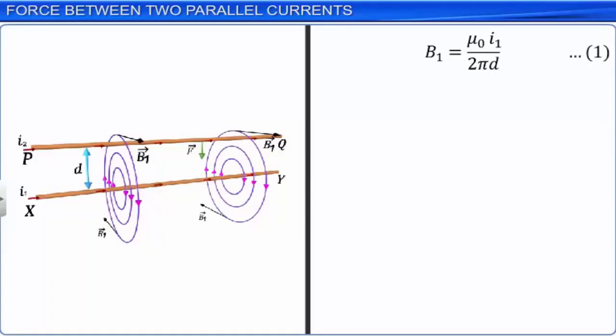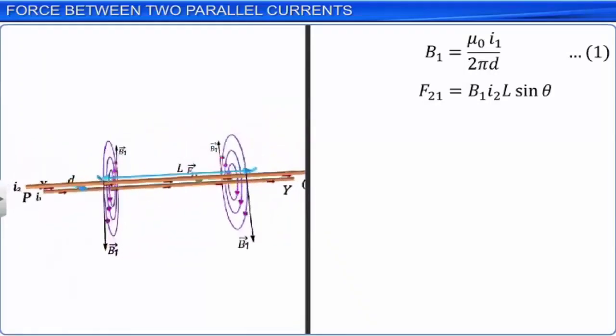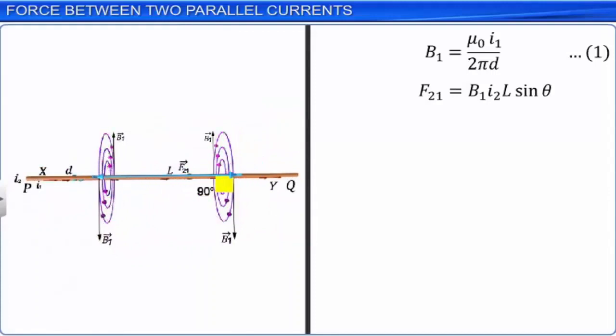The magnitude of the force experienced by a segment of length L of the conductor PQ due to the magnetic field produced by the conductor XY is F21 equal to B1 I2 L sin theta, where theta is the angle between the direction of the magnetic field B1 and the current in the conductor PQ. Let this be equation 2.